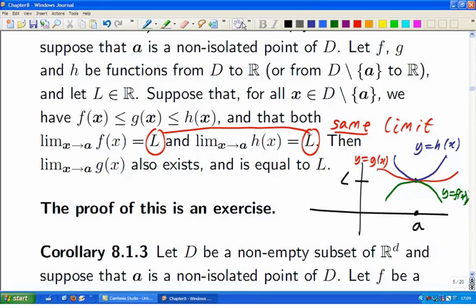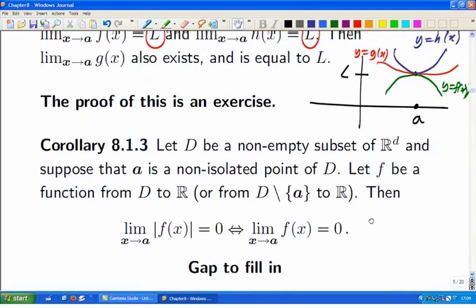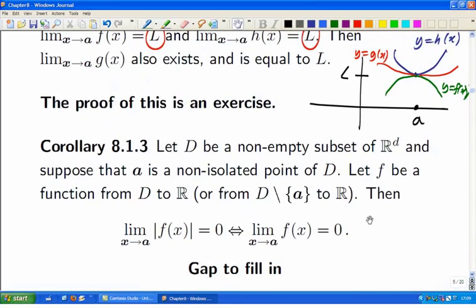Right. Well, a nice corollary of that is a rather easy thing, that if you want to check whether a function tends to 0, it's enough to check that the modulus tends to 0, and conversely. Actually, this is a combination of the previous two results. The algebra of limits tells you that if the function values tend to something, then the modulus of the function values will tend to the modulus of it.